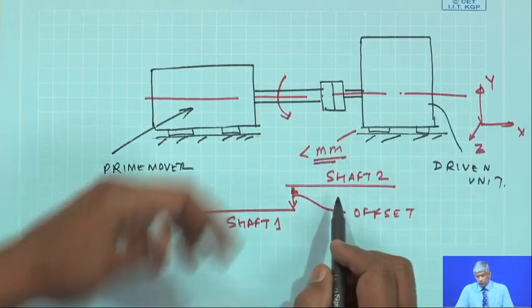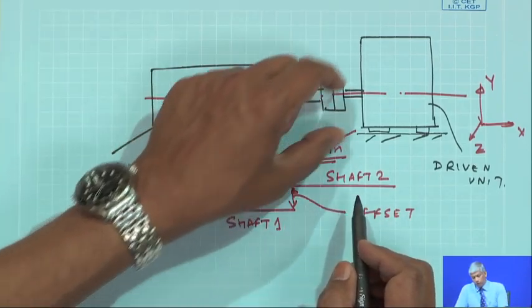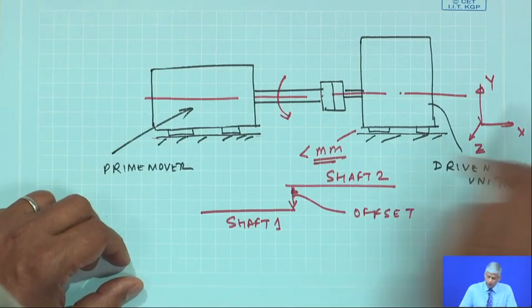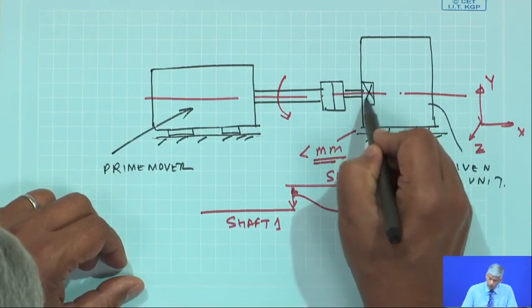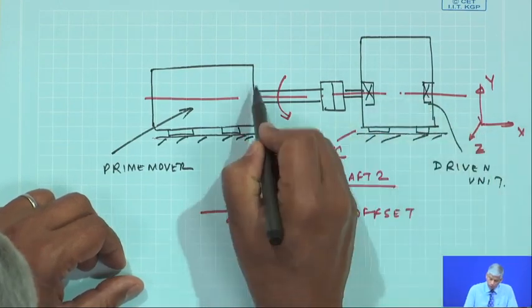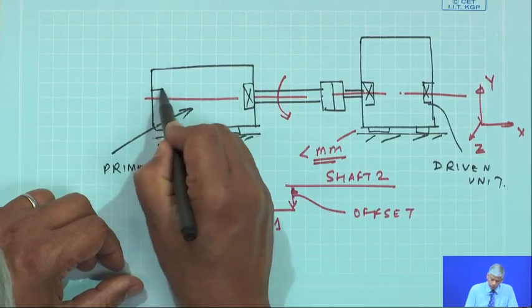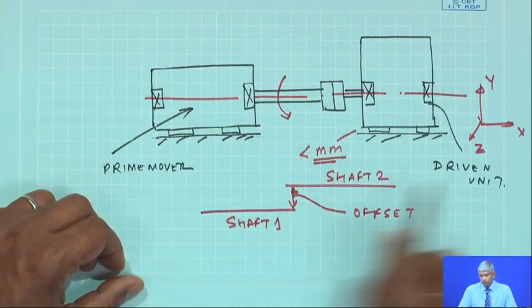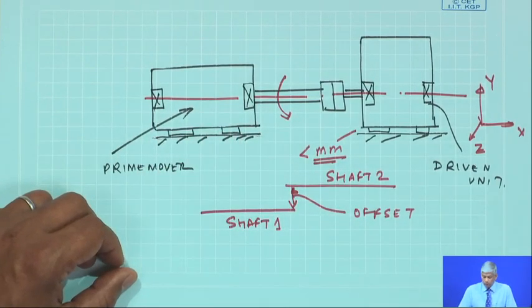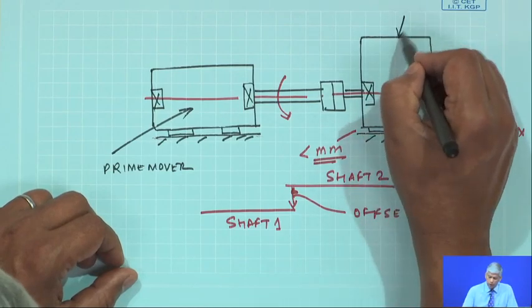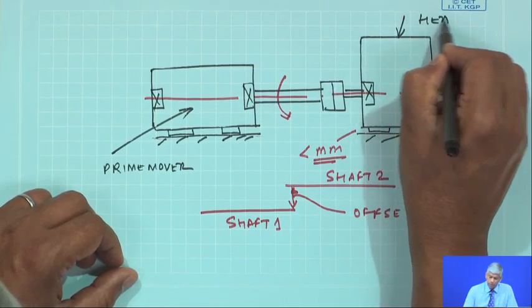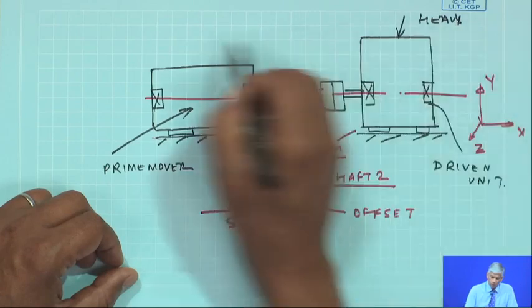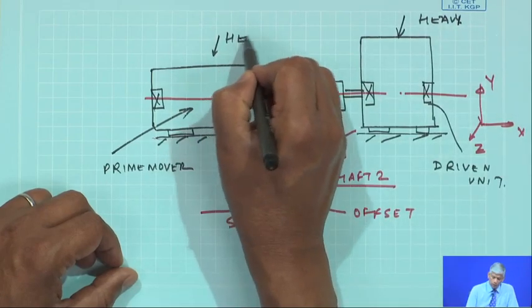Okay. These are all rigid machines, and we have very rigid bearings supporting these systems. So, this kind of problem may occur, and they could be very heavy machines.